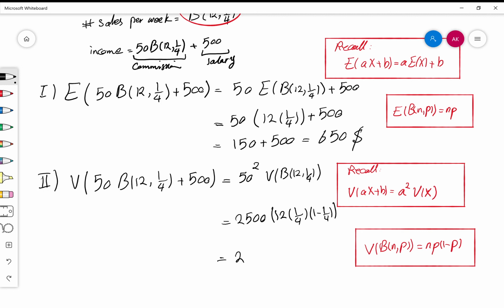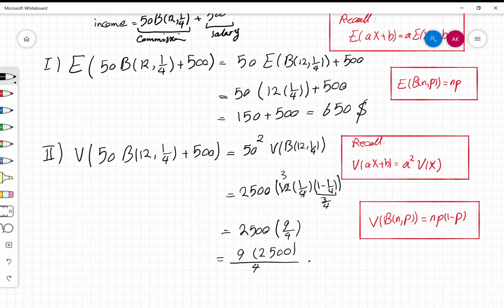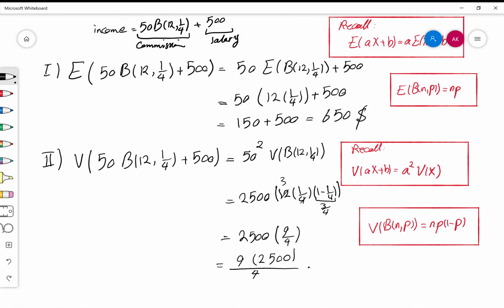So this is 2500 times, you see this will be 3 over 4, and then this will cancel with that, it will be 3, so 9 over 4. Well, this is a number we can simplify, but let's just leave it as it is. So that's the variance of the income of that representative.